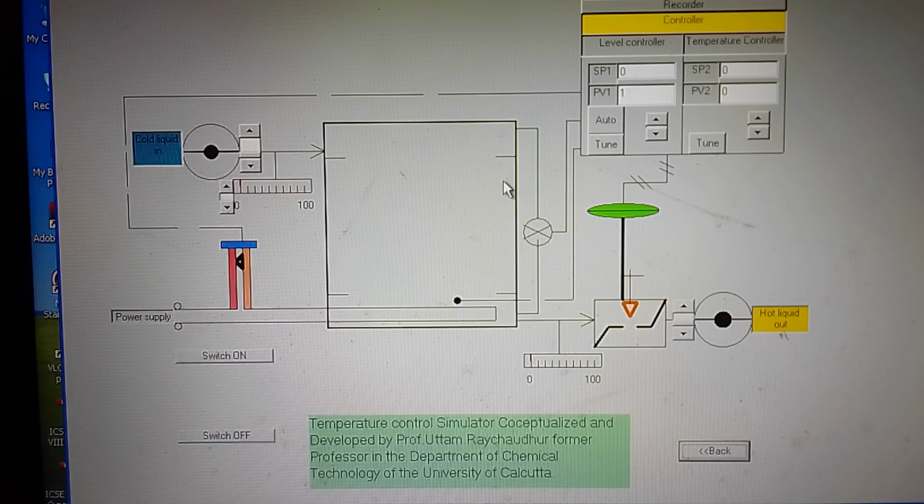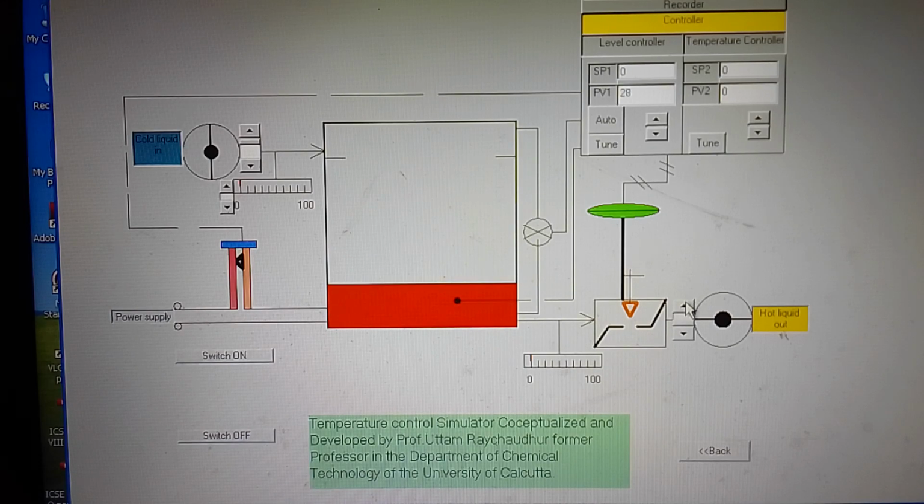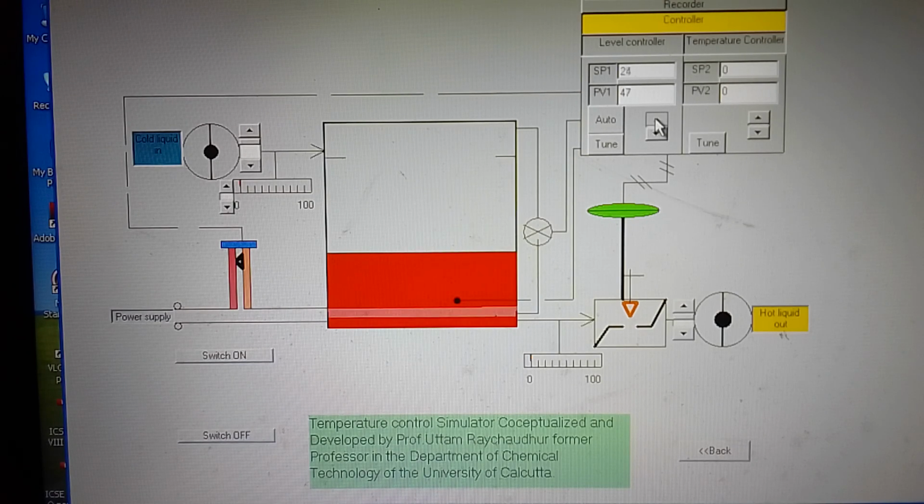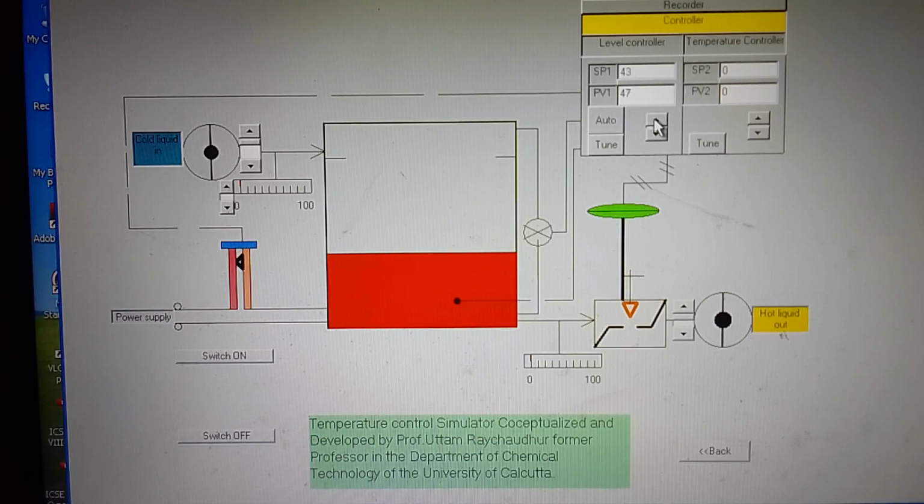Before that we must fill the tank. So we fill the tank and fully open the exit valve, and then you set the level in this tank, say at 50%, and the temperature, say you want to make it 80 degrees centigrade.